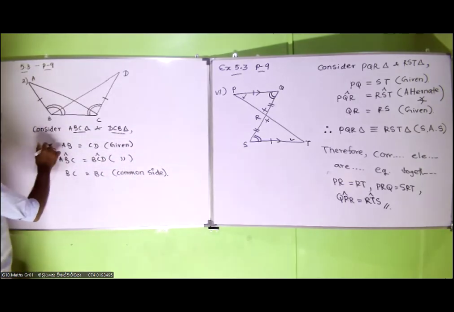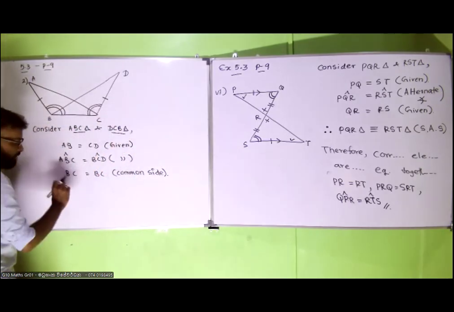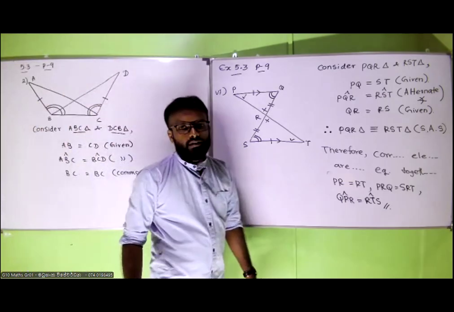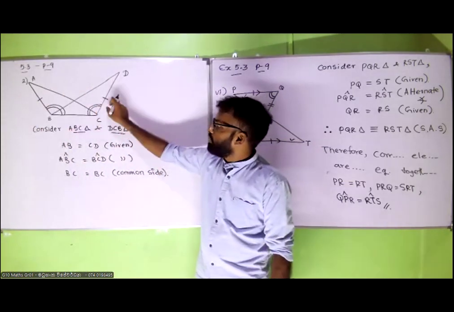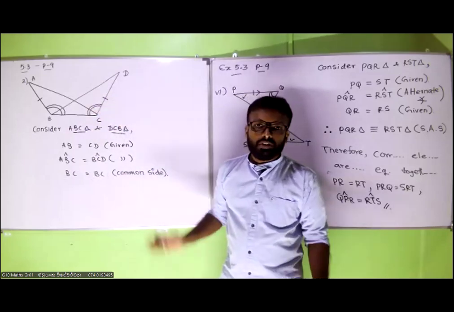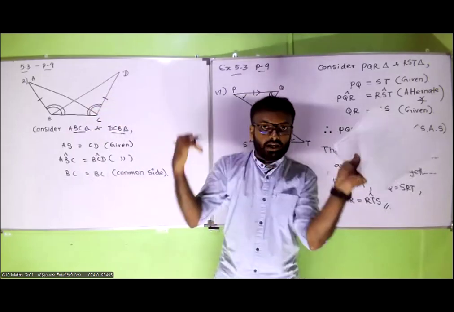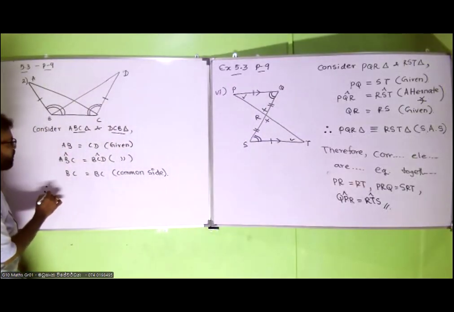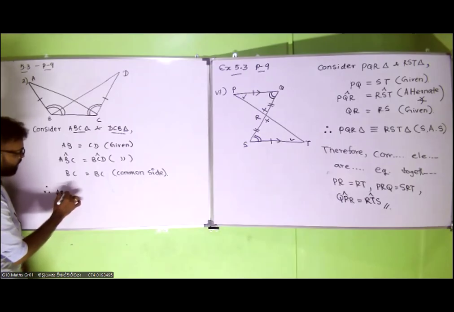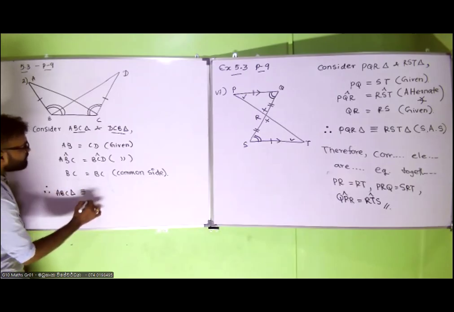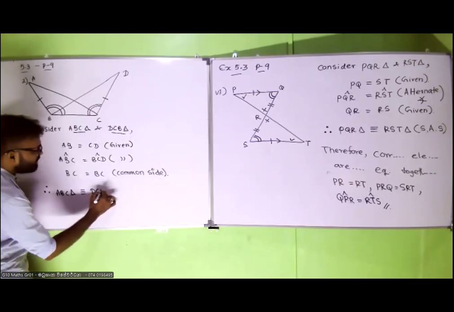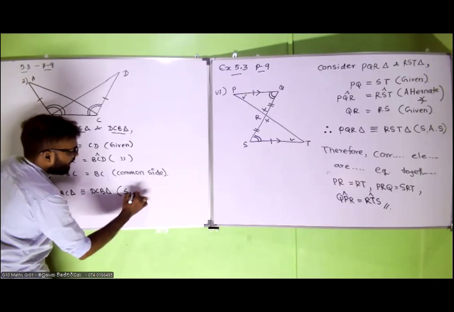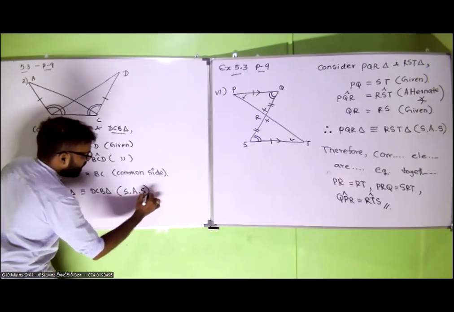So side, angle, side, and this angle is included in between these two sides. Therefore, triangle ABC is congruent with triangle DCB under side angle side.